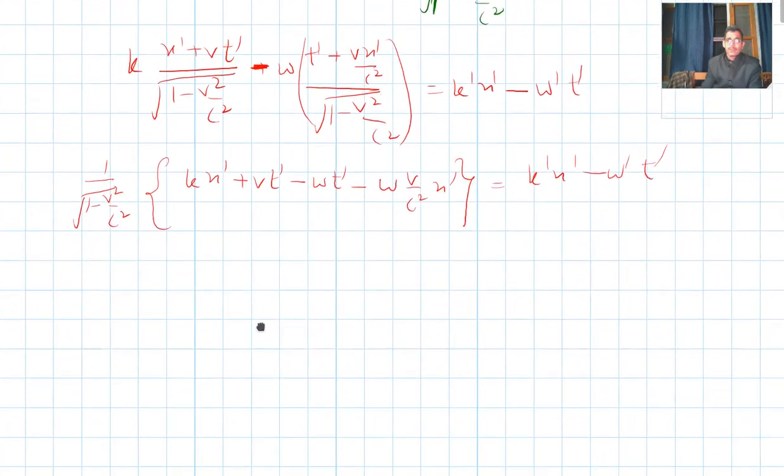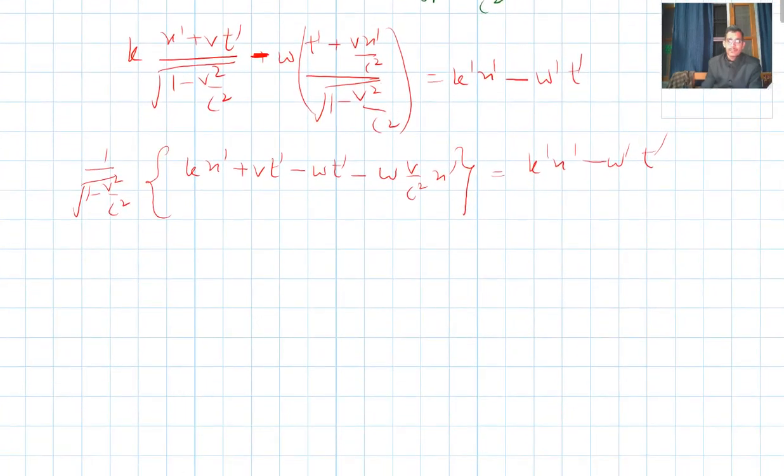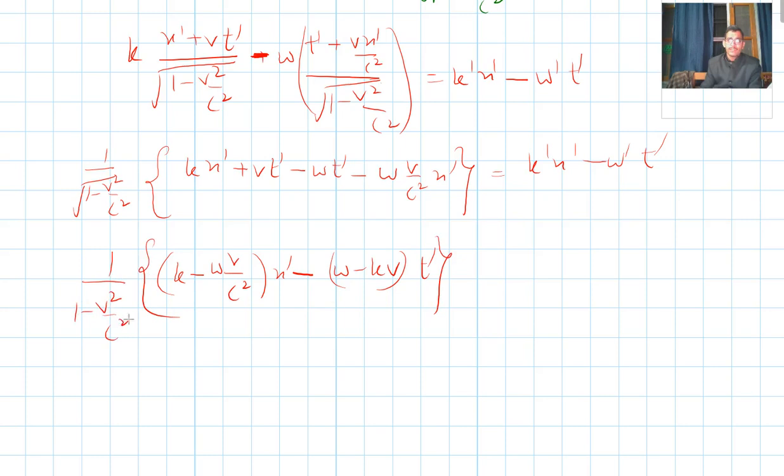Let us put the x prime terms together and the t prime terms together. Then I can write it as (k minus omega v over c square) x prime minus (omega minus k v) t prime, with 1 over root of 1 minus v square by c square outside, equal to k prime x prime minus omega prime t prime.